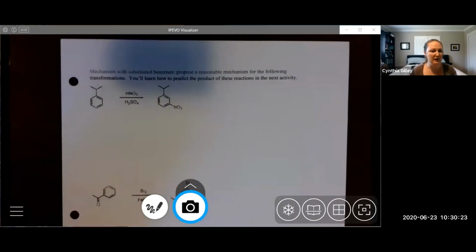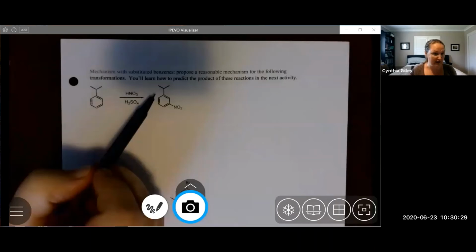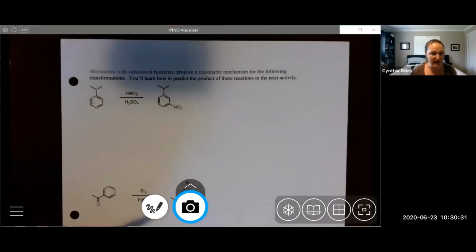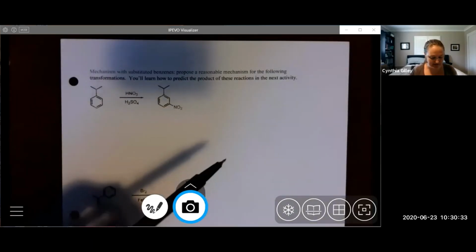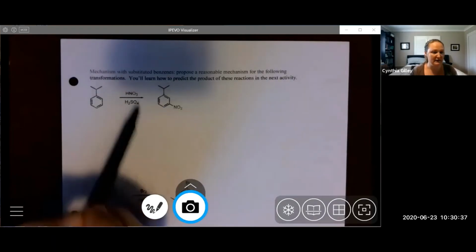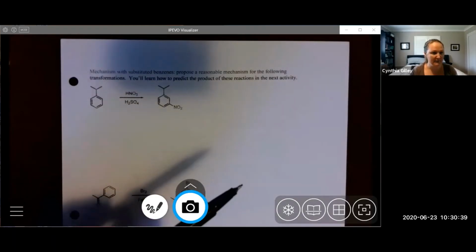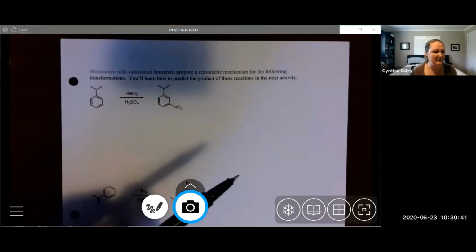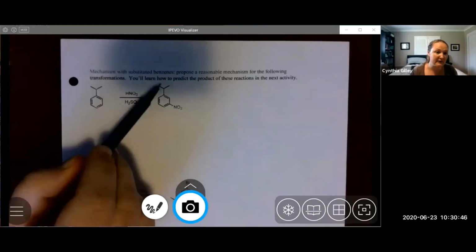So we're not going to be worried about predicting which product is formed. We're just going to be generating the product shown. That may or may not be the major product. In fact, in this section, this is a very minor product. So it's not even the major product. But remember, with the mechanism, that's not important. The mechanism is to explain how this is possibly formed.